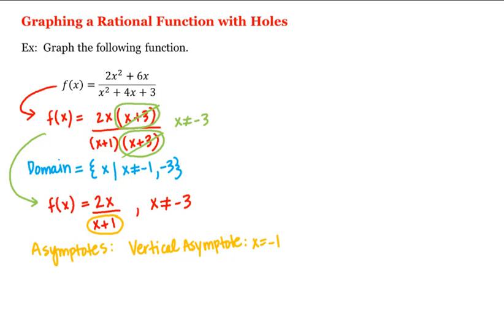And what about any horizontal asymptotes? Notice here that the degree of the numerator is equal to 1, which is also the degree of the denominator.